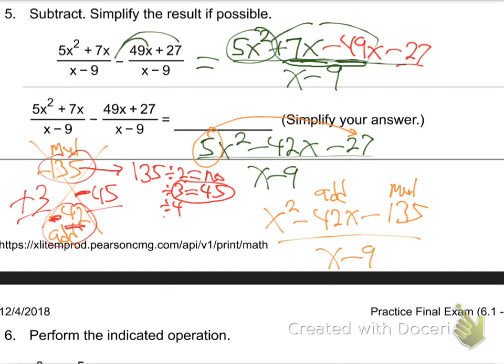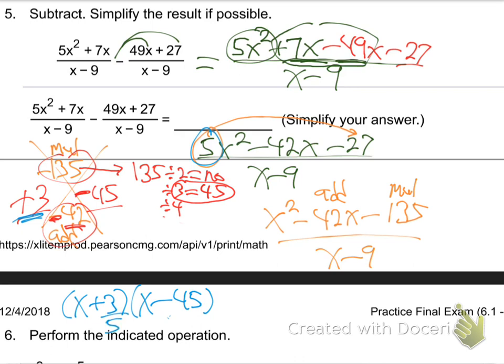So what do I do now with that? Remember, the top becomes x plus 3. Well, here, let me write it over here. I'm kind of running out of room. It becomes x plus 3, x minus 45. That's the slide, but now we got to divide by the 5.